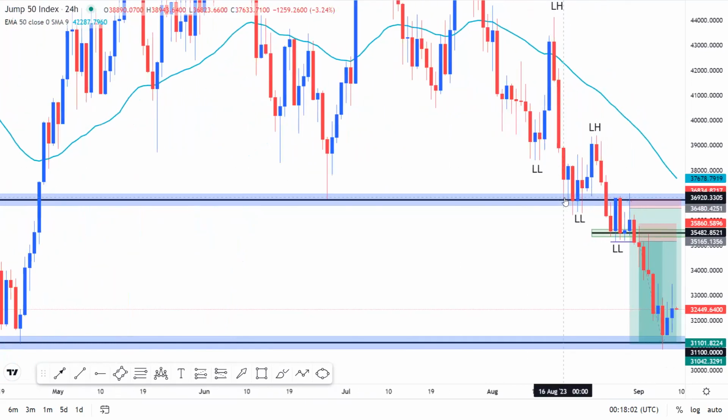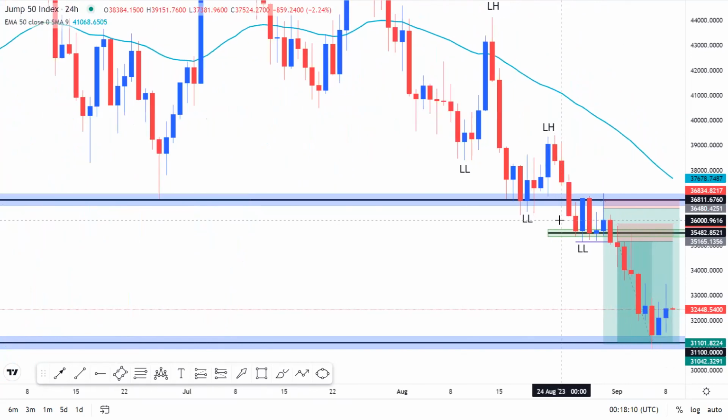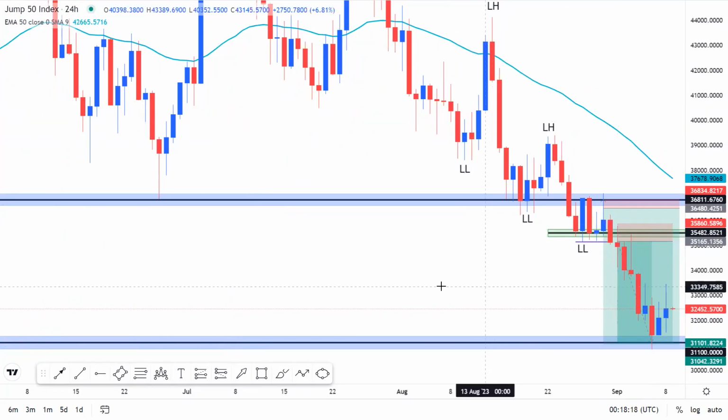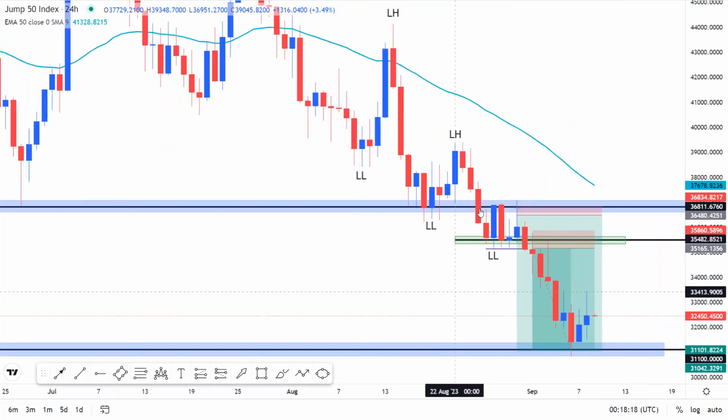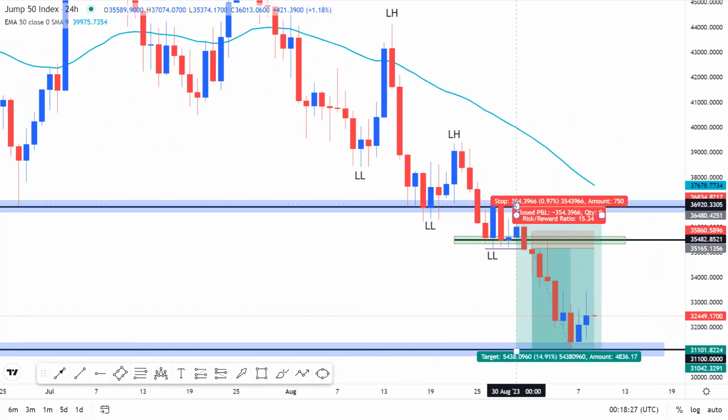So that level for me is my area of interest, would be my first area of interest, where I would potentially look to get in on selling opportunities because very clearly I've identified the market structure to the downside. And now we had come into the level the very first time, and then we had a sell-off from the level, and then we tested the level again.